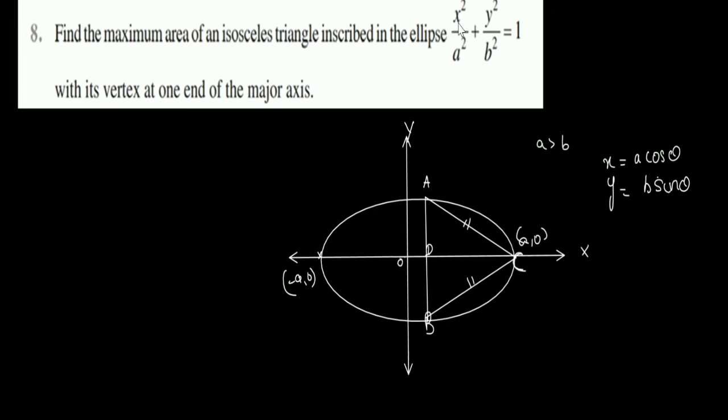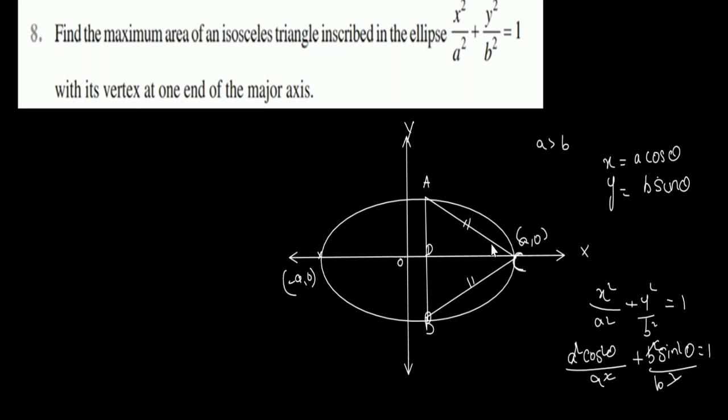If you substitute x as a cos theta and y as b sin theta in x square by a square plus y square by b square, you will get a square cos square theta by a square plus b square sin square theta by b square, which gives you 1. So x equal to a cos theta, y equal to b sin theta is the parametric equation of this ellipse. So I can write this point A as a cos theta, b sin theta.